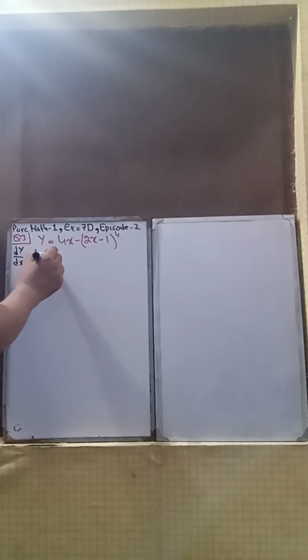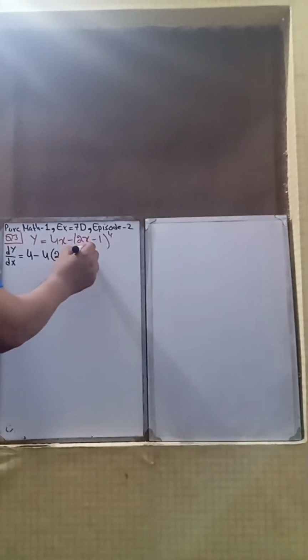Let's do this. If you want to find the first derivative, dy by dx will be equal to the derivative of 4x, which is 4, minus the power comes to the side, 2x minus 1 raised to power 3.